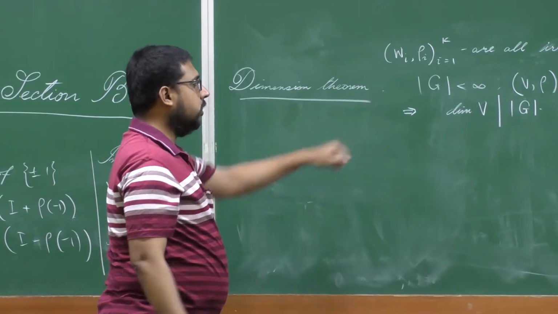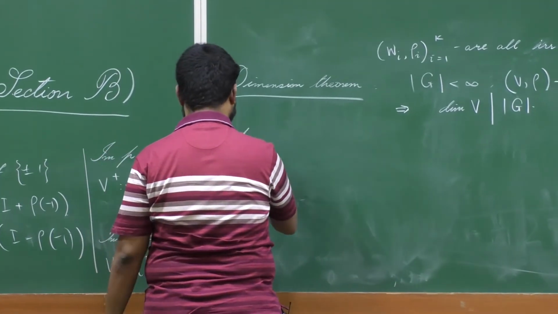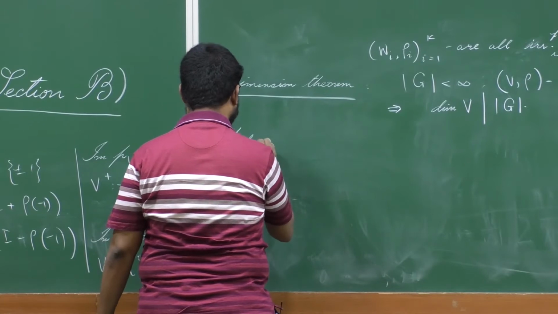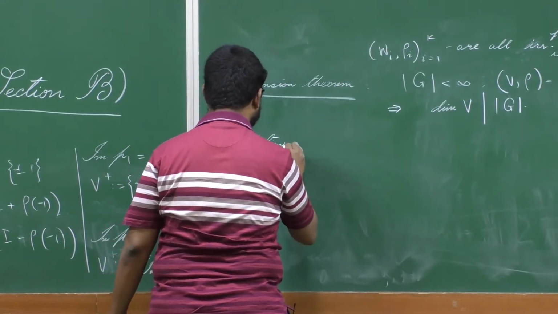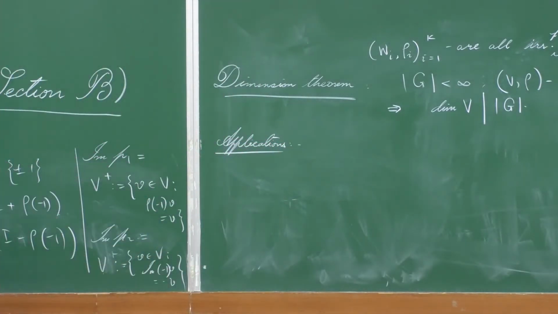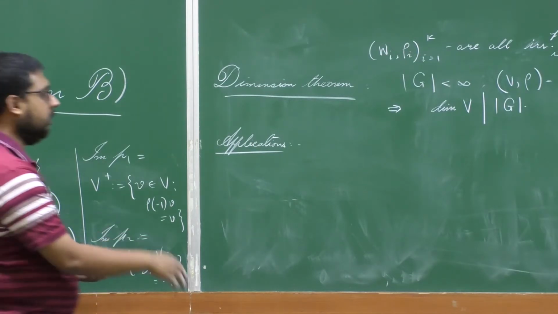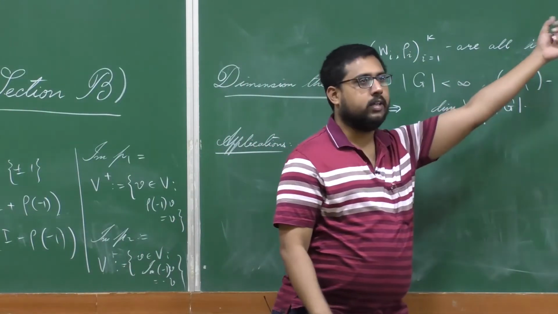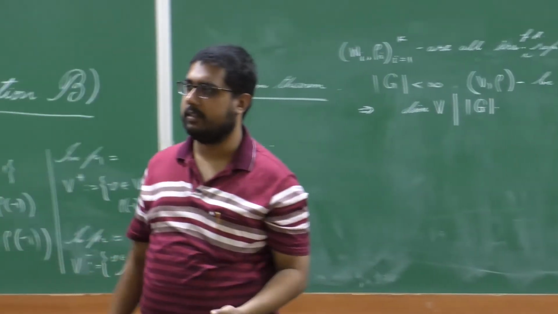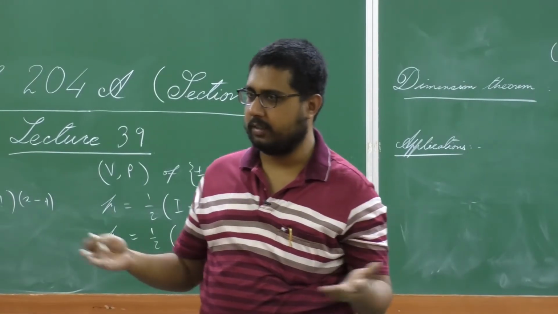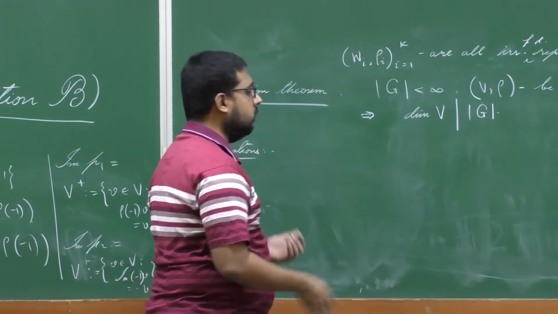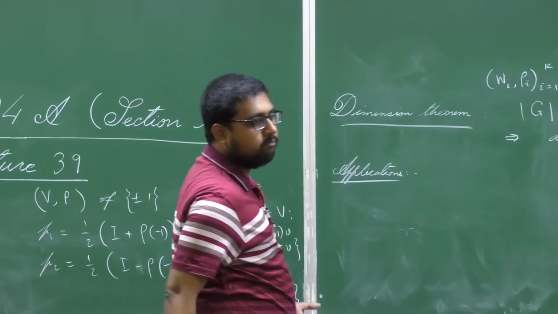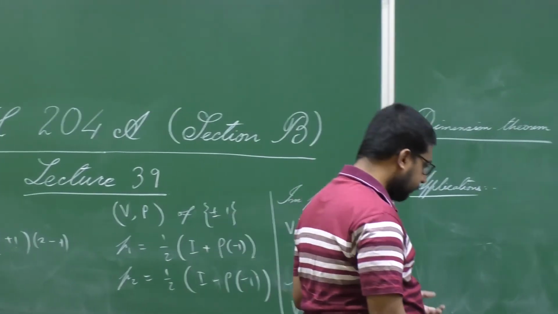So we will prove this theorem, but first let me talk about a few applications, which will show that this observation together with the earlier one, that is the sum of squares, indeed yields exactly all the irreducible representations.